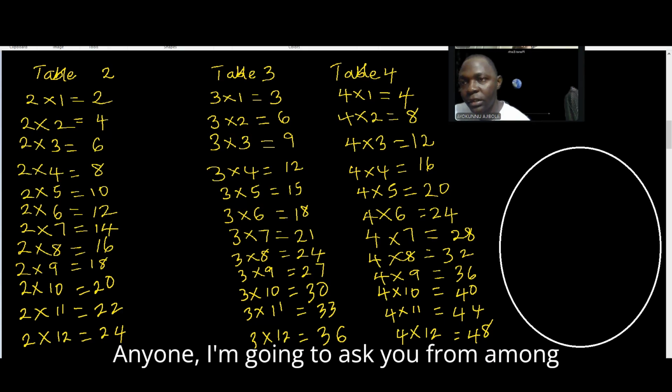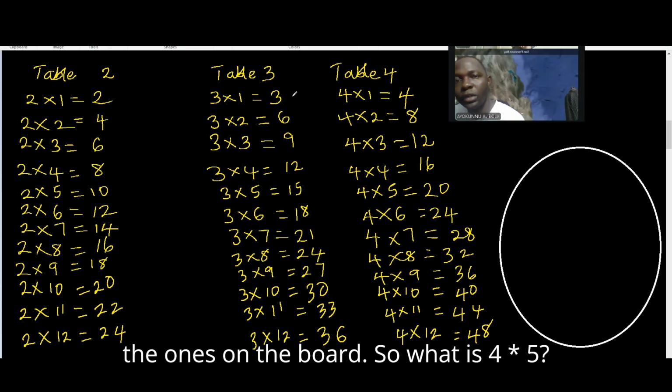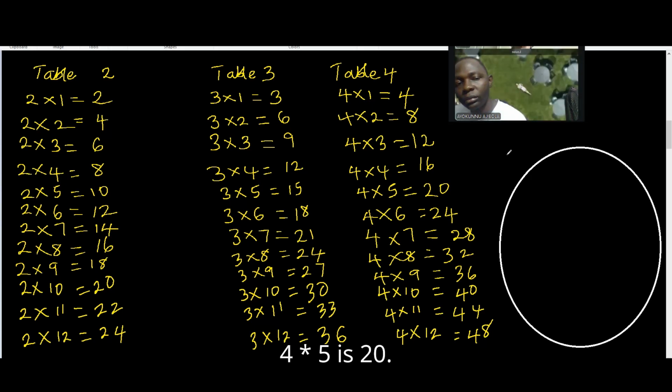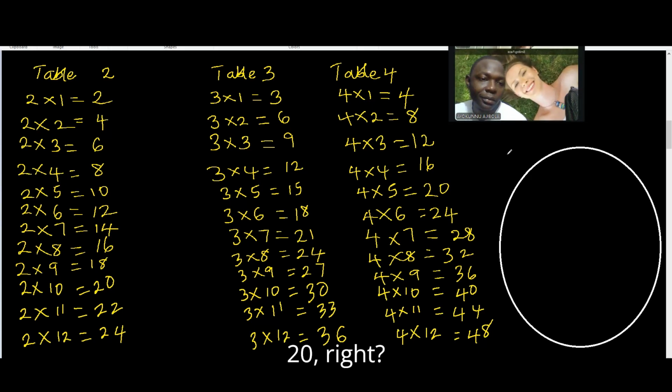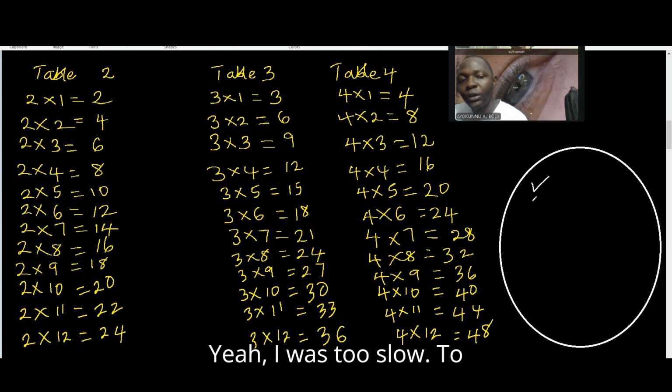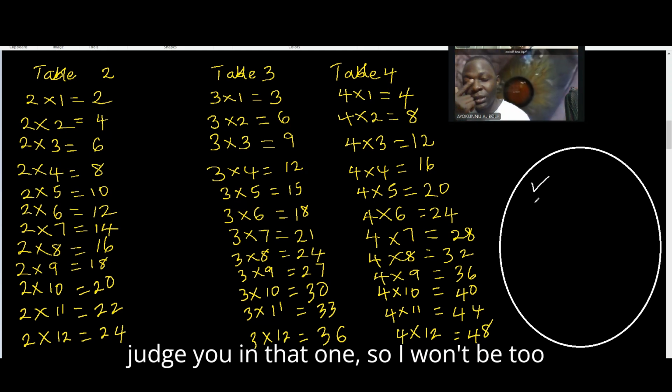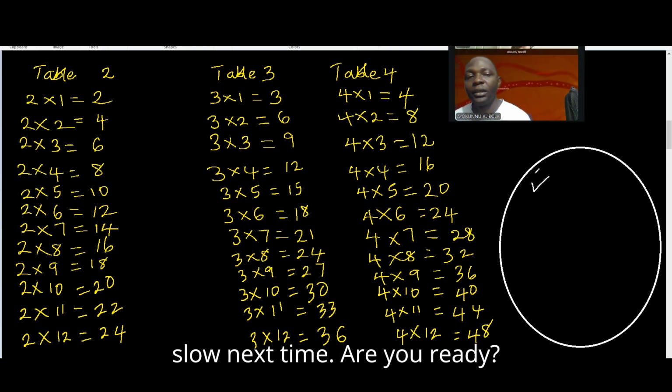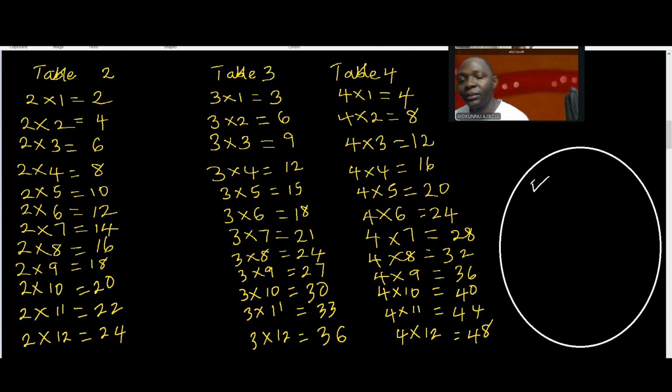I'm going to ask you from among the ones on the board. So, what is 4 times 5? 4 times 5 is 20. I was too slow to judge you in that one, so I won't be too slow next time. Are you ready?